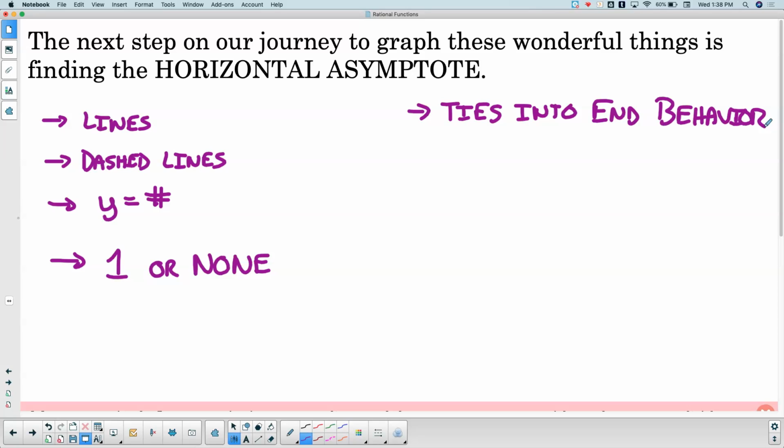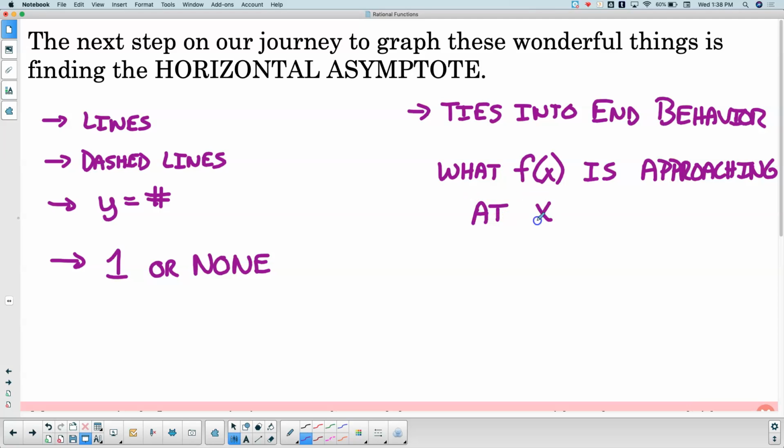And how that is that this is what f of x is going to approach at the two infinities.